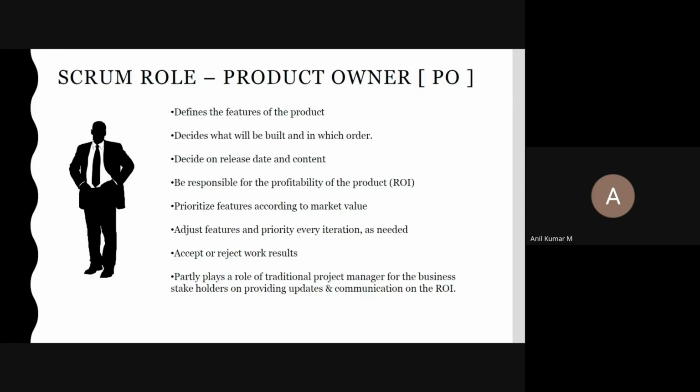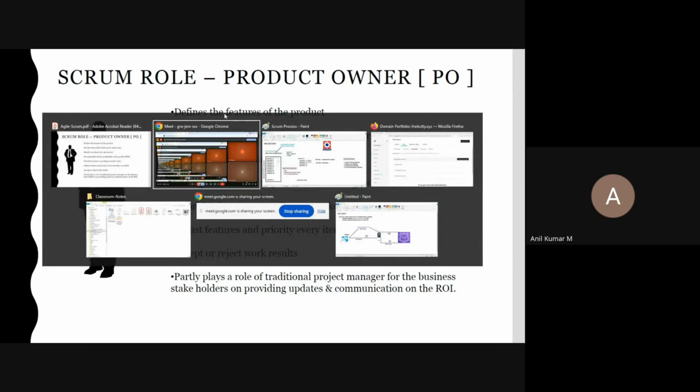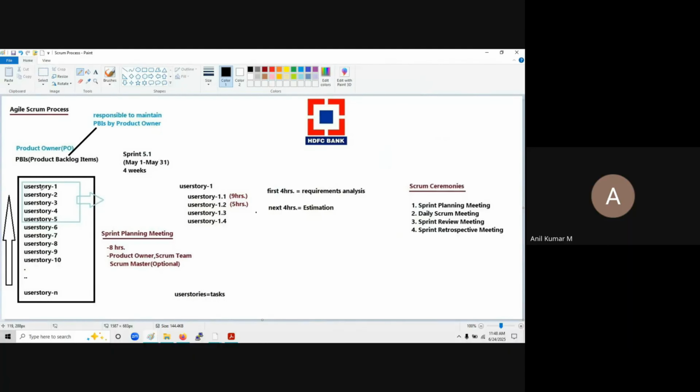Yesterday I told you about the PBIs, product backlog items. Which user story has to be developed first and which later will be decided by your product owner.